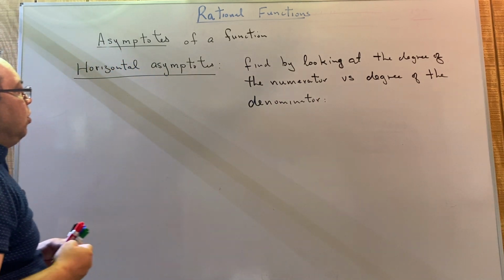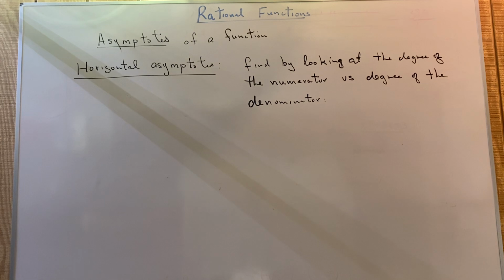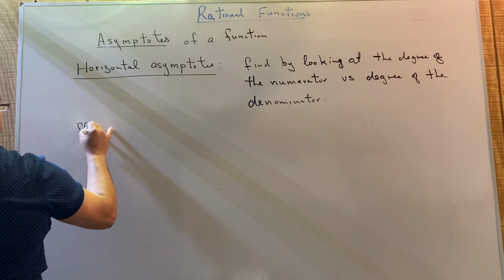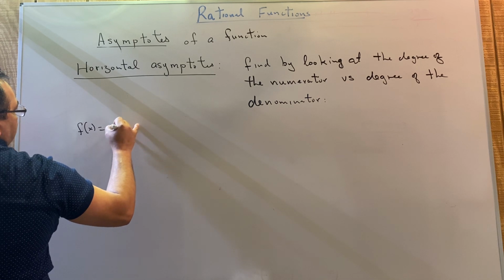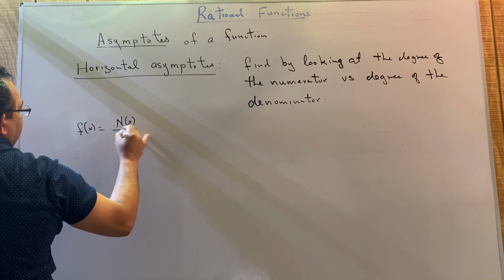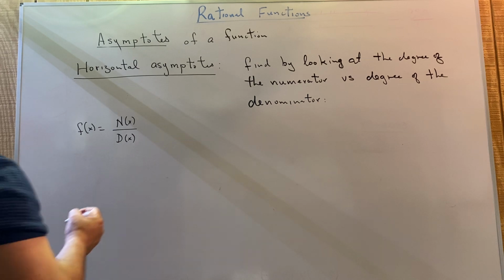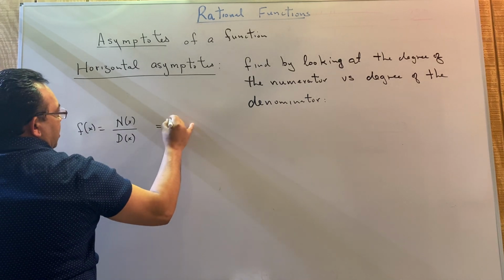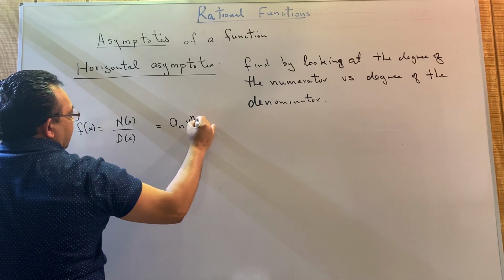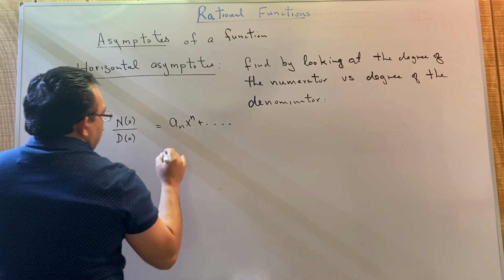So you will notice that in the class notes, we said that f of x is equal to some function n of x over d of x. And then I also indicated that n of x is a polynomial, a_n x to the n plus keep going on.